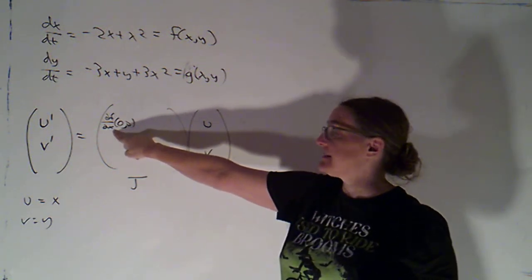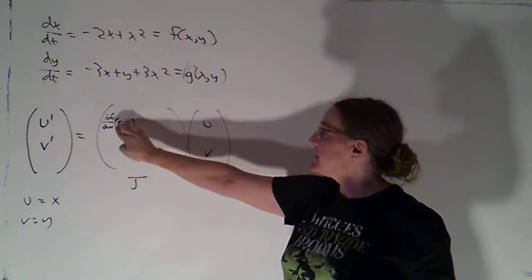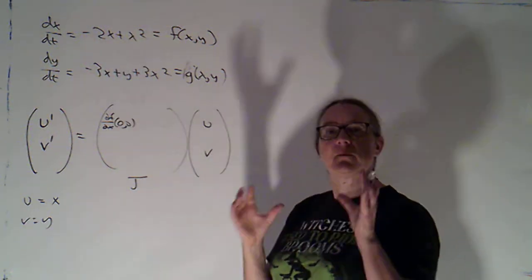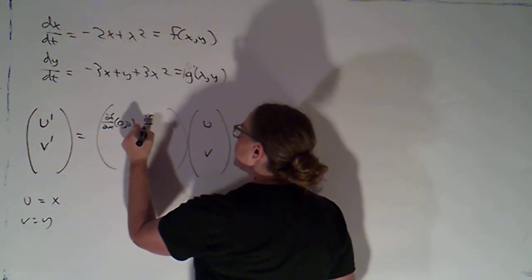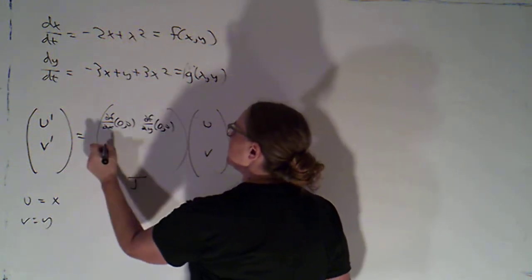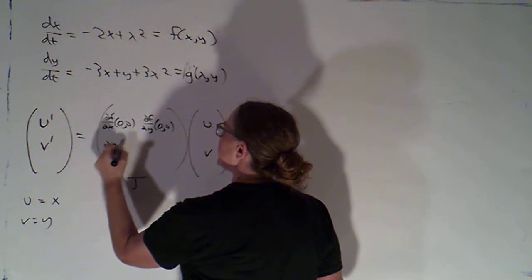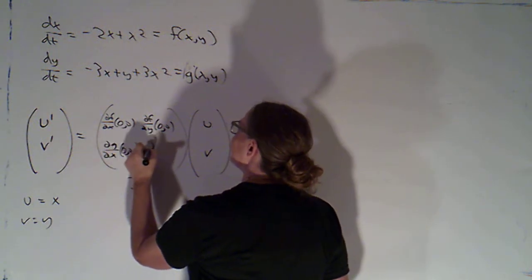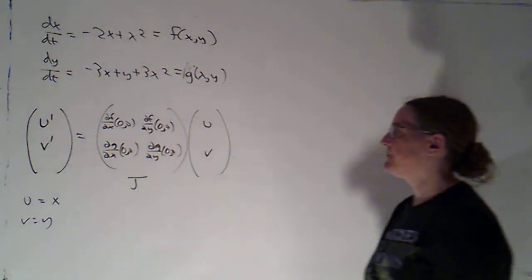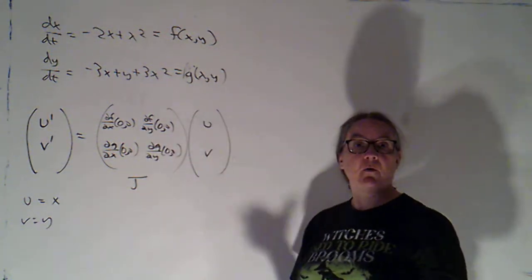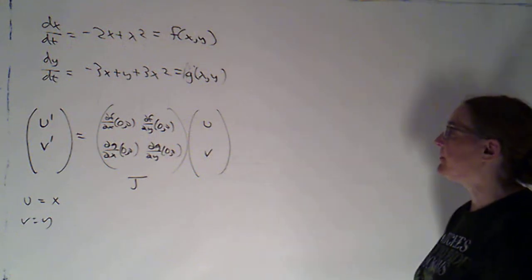I'm still viewing this as a function of x. The number I get becomes the entry in the matrix for the uv plane. Partial of f with respect to y at the origin. Partial of g with respect to x at the origin. Partial of g with respect to y at the origin. And again, if it were a different equilibrium point, I'd be plugging in that equilibrium point.